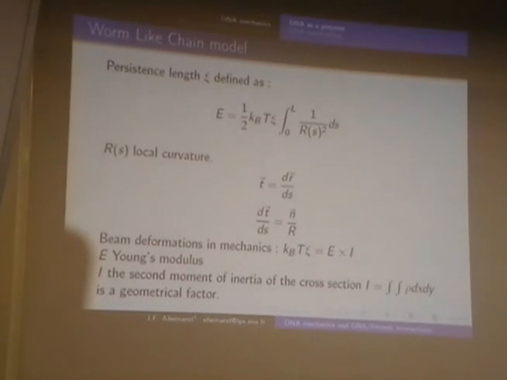Questions at this point? Yes. So, as for DNA, I can imagine a lot of contributions coming from the electrostatic repulsions. So, how does this theory actually account for it? For DNA, in fact, of course, it's a charged polymer, so DNA is negatively charged because you have some phosphate groups on the side.